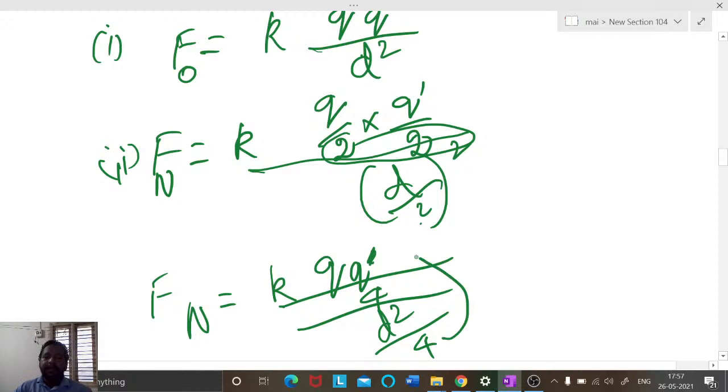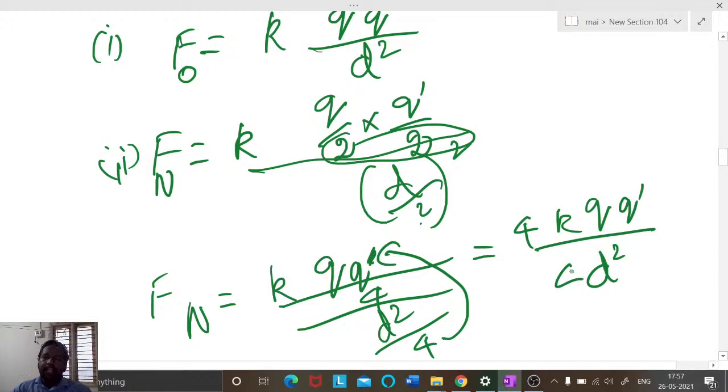The denominator directly goes into the numerator, so it is 4 times K Q Q dash divided by D square into 4. This 4 and this 4 get cancelled. Now we'll see what the new force is.